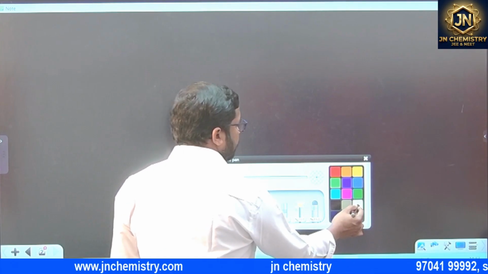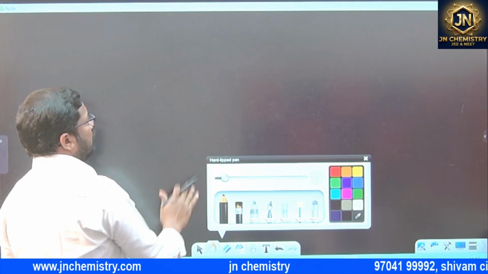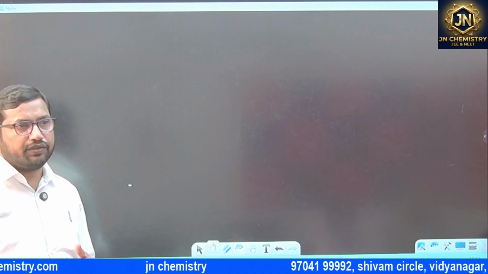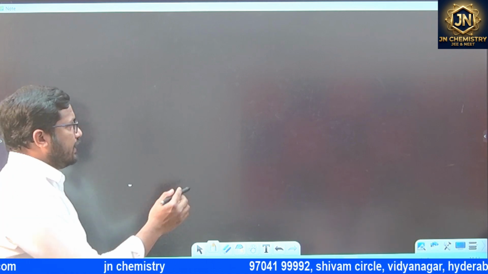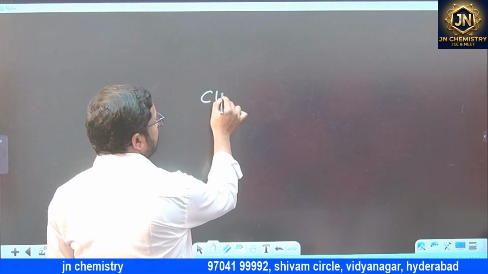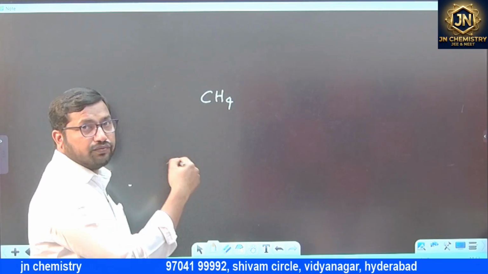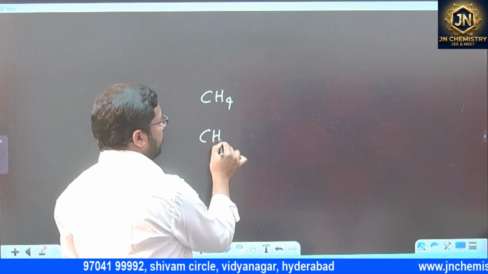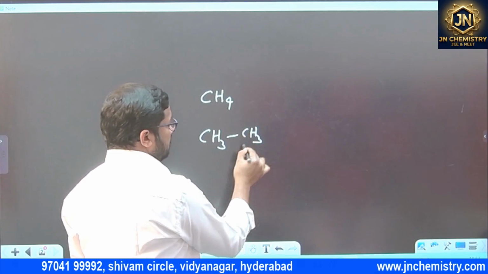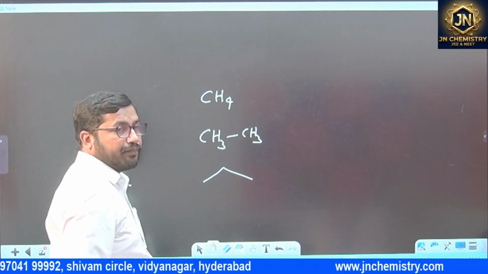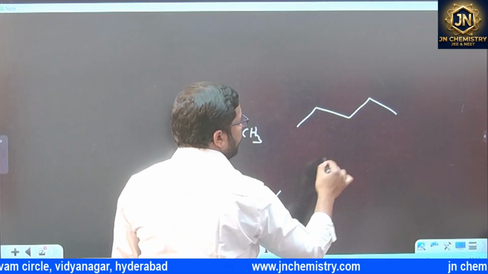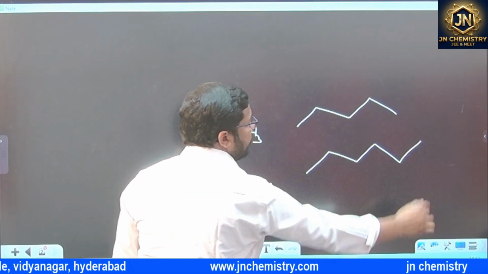Now the nomenclature part of alkanes, of course, we know. Only one carbon with 4 single bonds: meth plus ane, methane. Ethane, propane, butane, pentane, hexane.